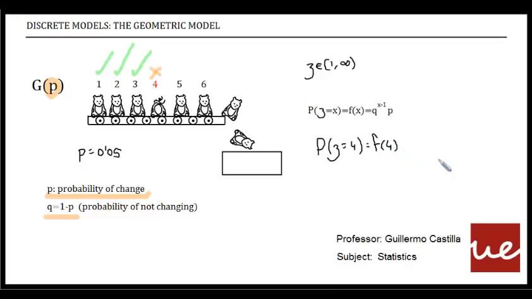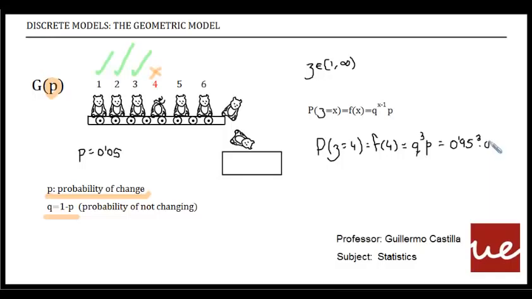In this case, as you can see, there's the quantity function. The probability of chi being x would be f of x, which would be q to the power of x minus 1 times p. So the probability of chi being 4, for example, finding the fourth element as the reject, would be f of 4, which would be q to the power of 3 times p.